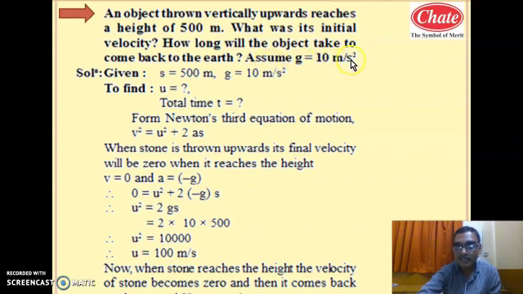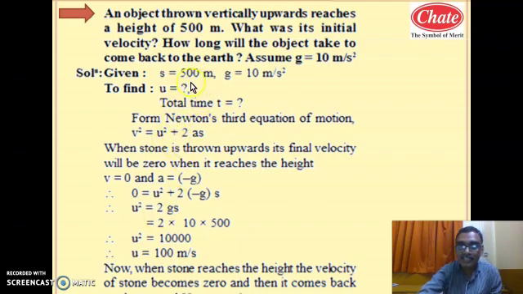Assume g = 10 meter per second squared. Let us solve this question to calculate the initial velocity and the total time required for the object to reach the ground. The distance traveled by the object when thrown upward, its displacement, is 500 meters, and g is 10 m/s². We have to find the initial velocity and the total time.